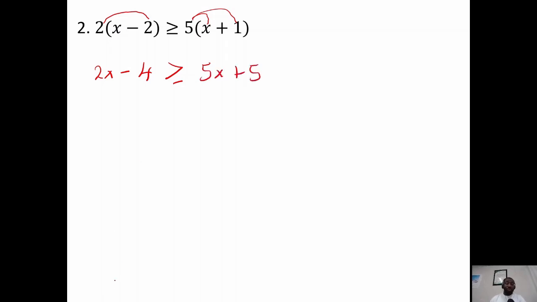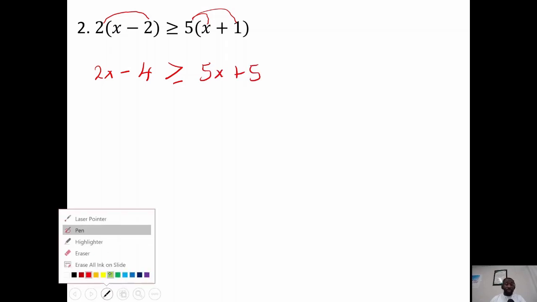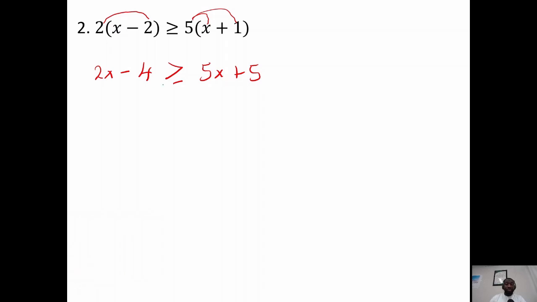So I now do the idea of getting all the like terms on one side. If I want to get rid of the 5x, because it's positive, I do the opposite: subtract 5x on both sides, because I want to make sure that I have all the x's on one side.